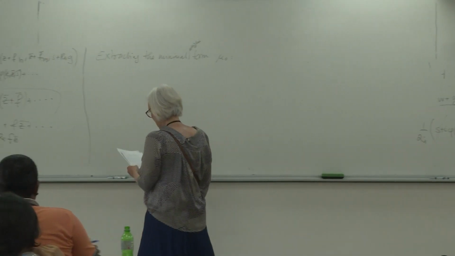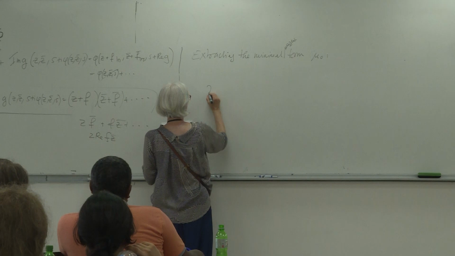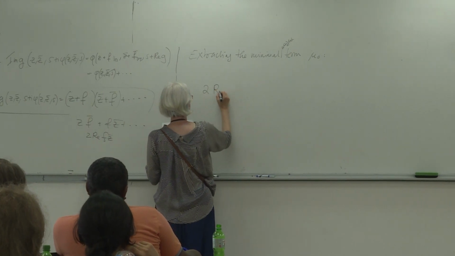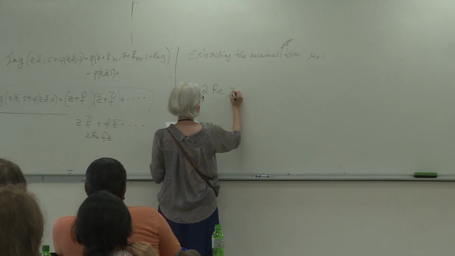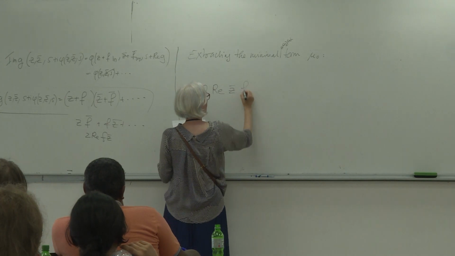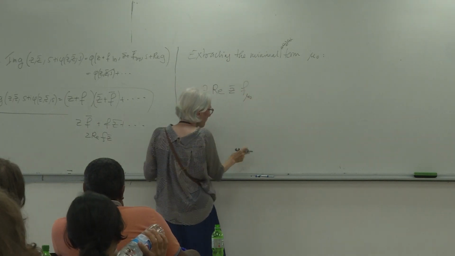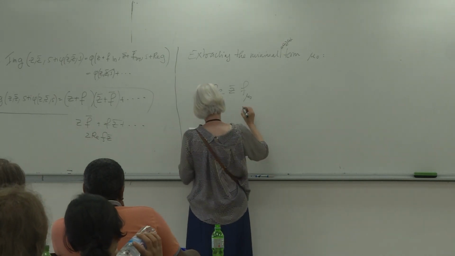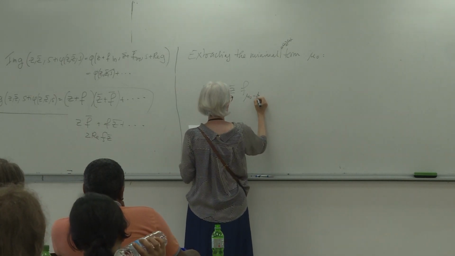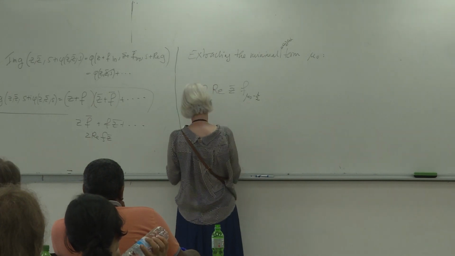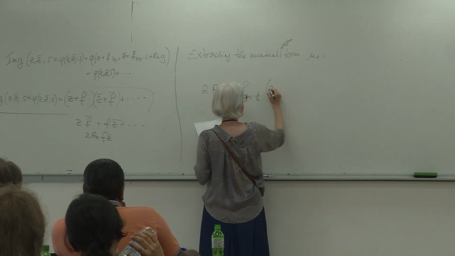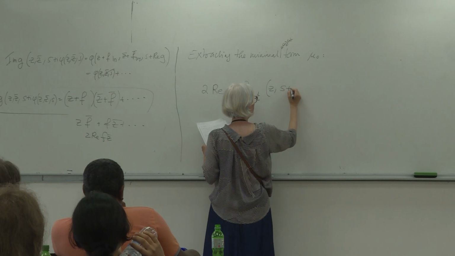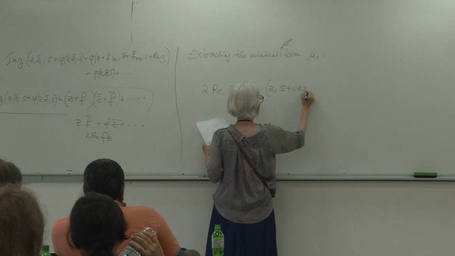So you will get exactly 2 real part of Z bar, the term mu0, which is the first one in my decomposition of F mu0 minus 1 over 2. This is the first at Z. And here you take S plus I Z bar. You forget about the rest of the terms.